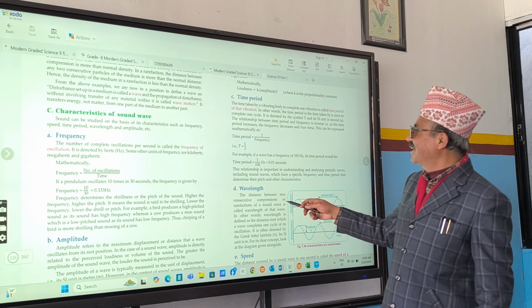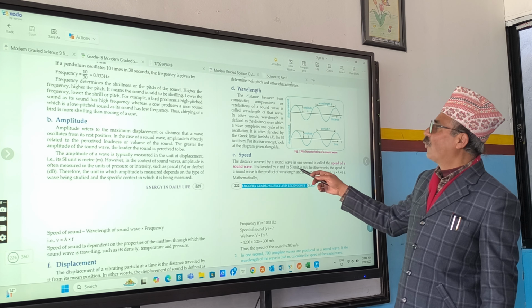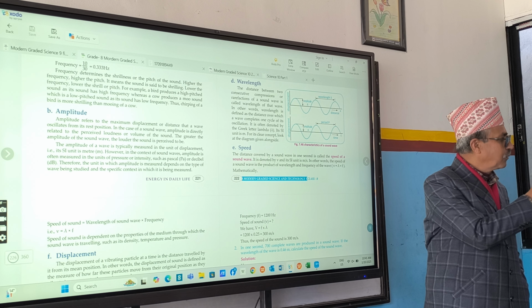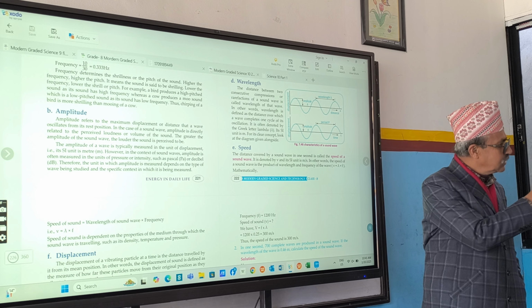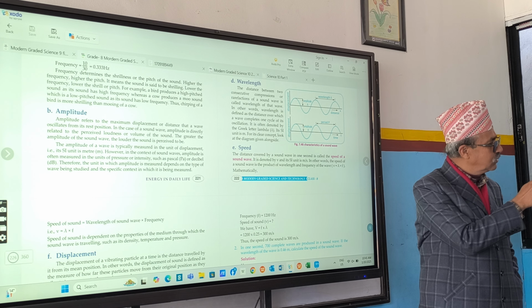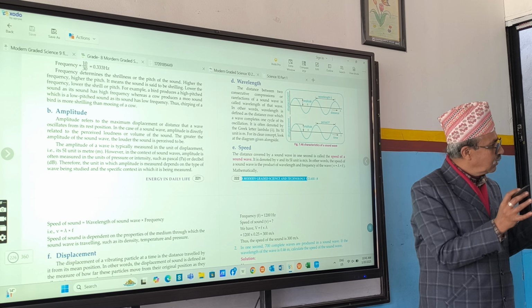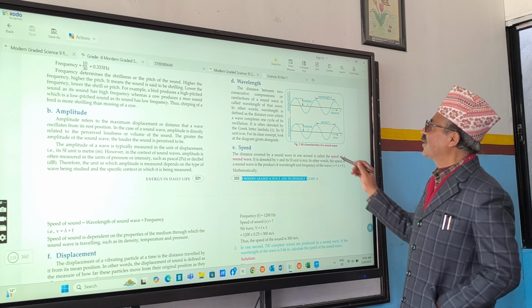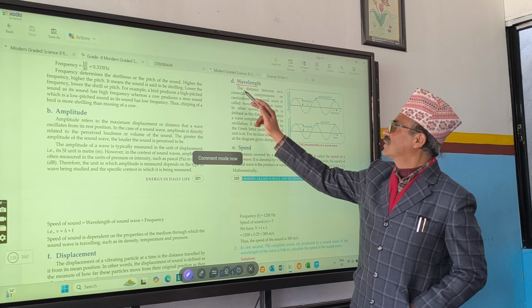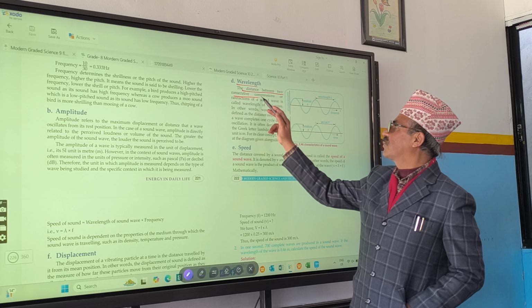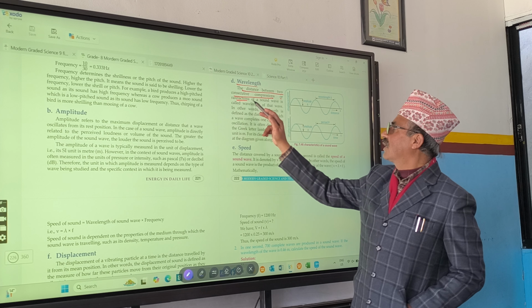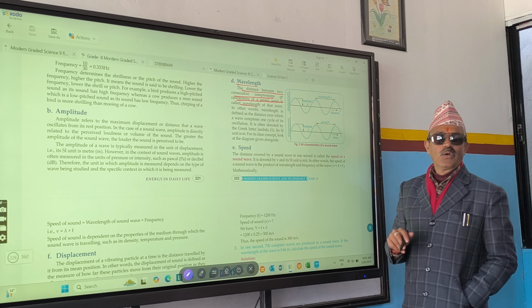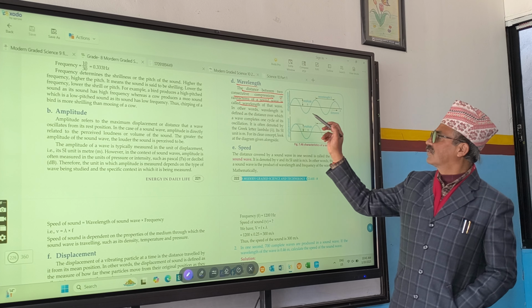Time period. What is the next point here? Wavelength. Are you underlining in your book? What is the definition of wavelength? The distance between two consecutive compressions or rarefactions of a wave is called wavelength. Here is also wavelength.